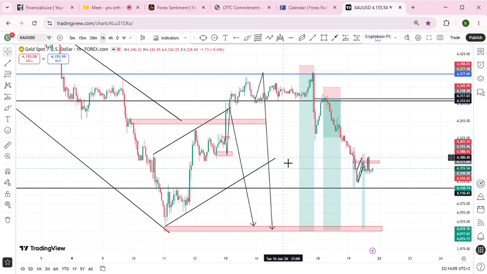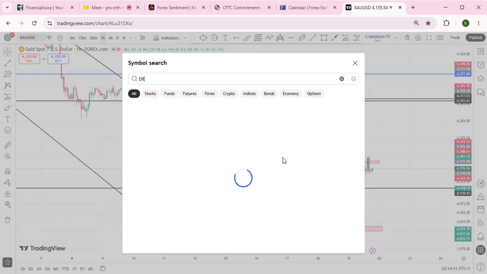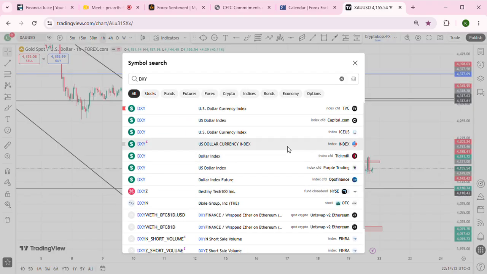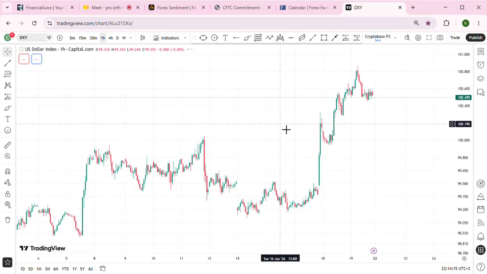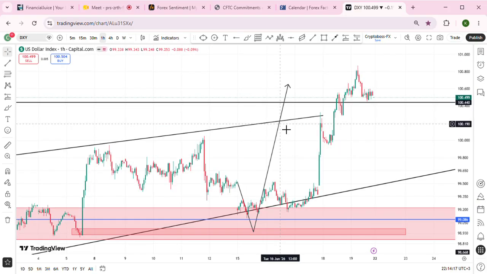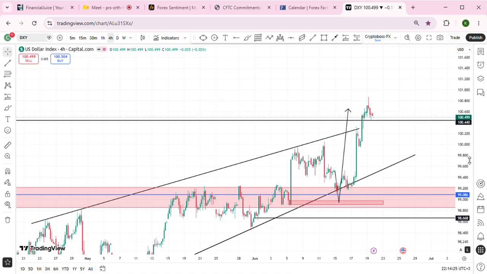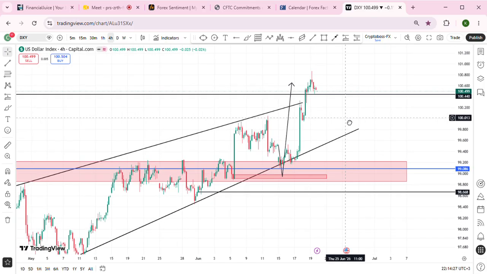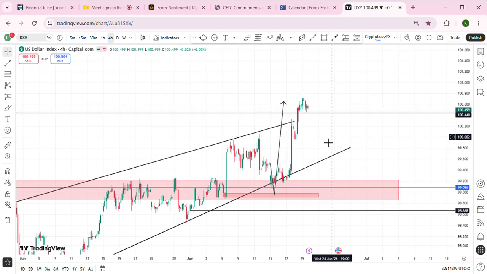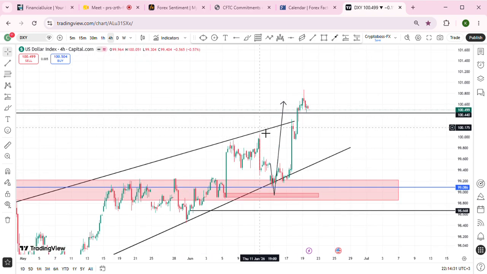Okay, so now let's get into technicals. Let's get into technical analysis, and we start with the dollar index. So you can see from what we had last week, the market respected our analysis very nicely, and everything was cool.